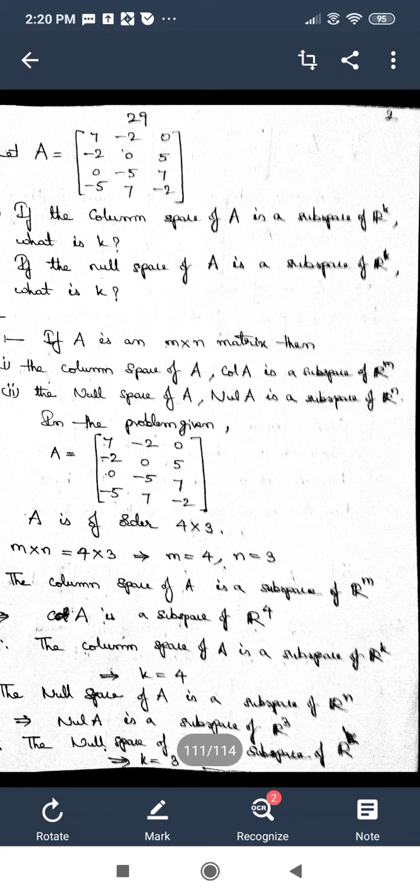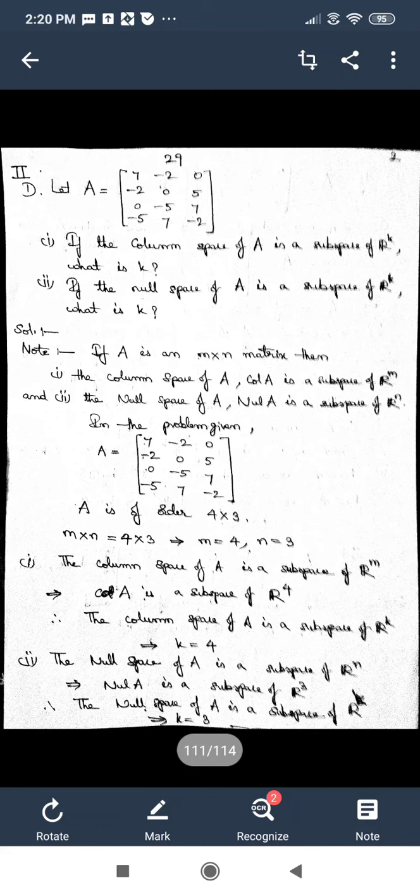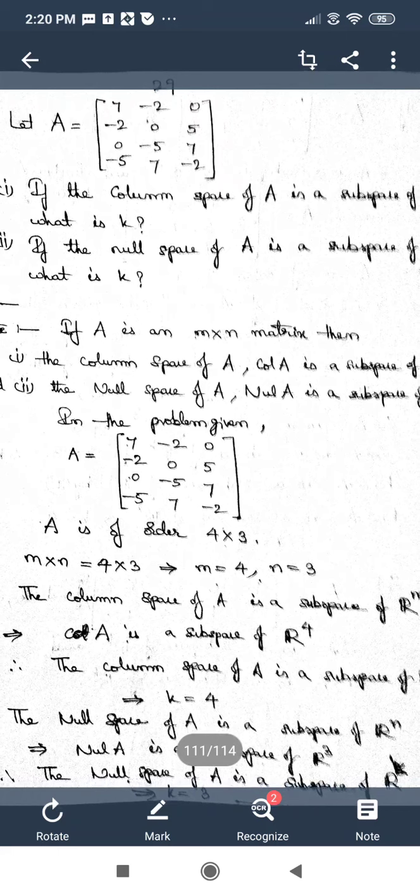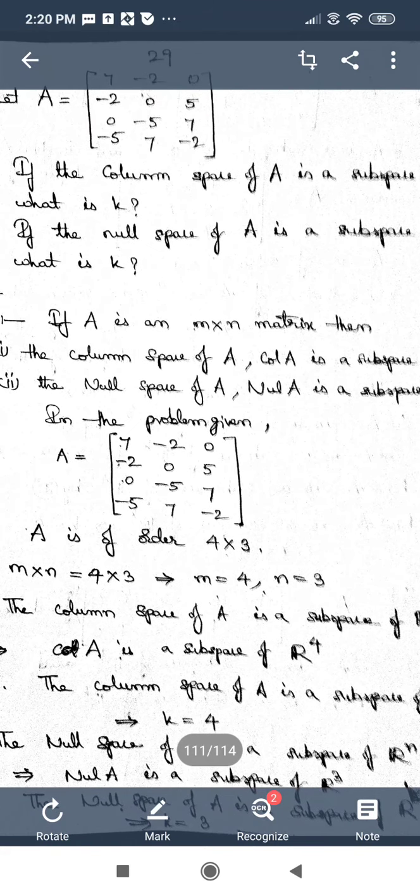Now let us consider the matrix given in the problem, that is capital A is equal to, if I write it column wise, 7 minus 2 0 minus 5, minus 2 0 minus 5 7, 0 5 7 minus 2.